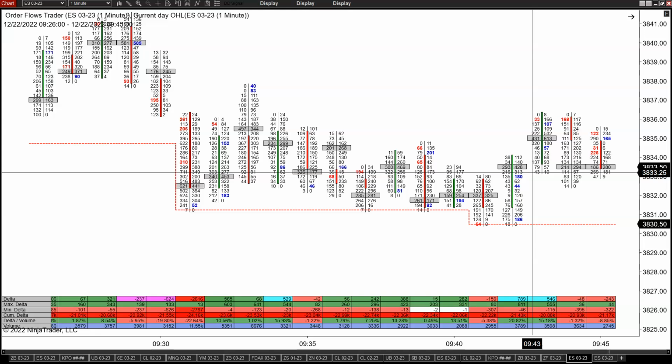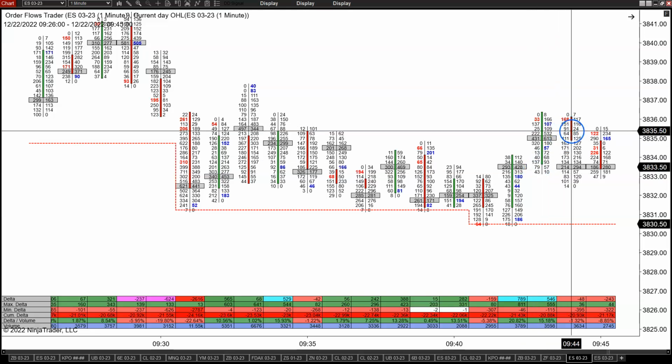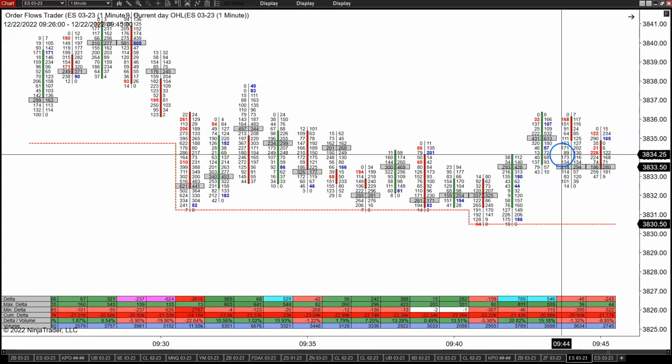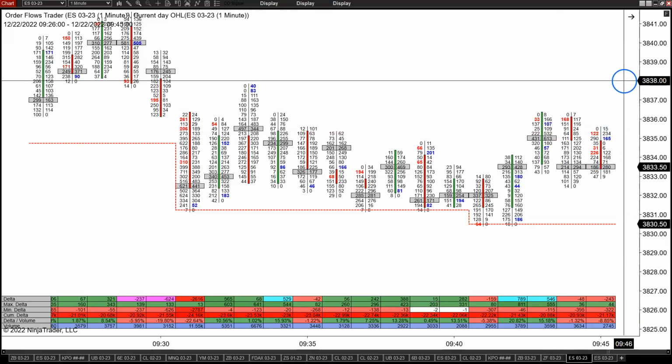Again, anytime you're off the low, especially on a move that's sharp, going down, you're going to need some sort of confirmation that this is it. This could be the low, and then you just contract on the delta to negative 48. So you went from 789 to 546 to minus 48. Not the best sign in the world, but maybe this market is going to go sideways and reverse and start to trade higher.